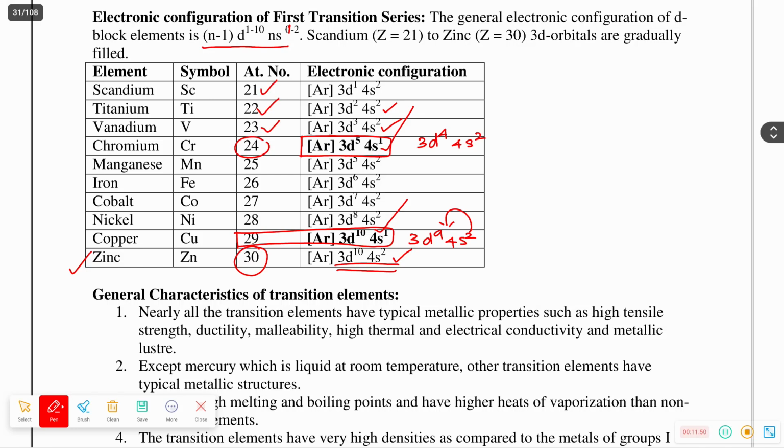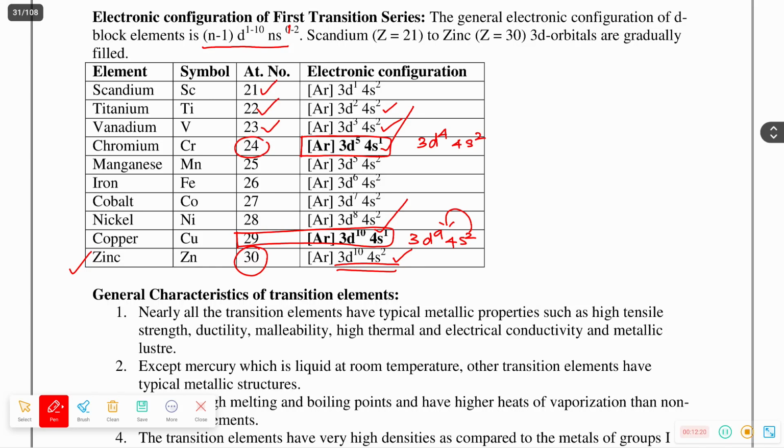Transition elements. So when we take the 3d series, 4d series, 5d series, three elements are not considered as transition elements. Which are they? Zinc, cadmium and mercury. The last elements of each series, zinc, cadmium and mercury, are not considered transition elements.